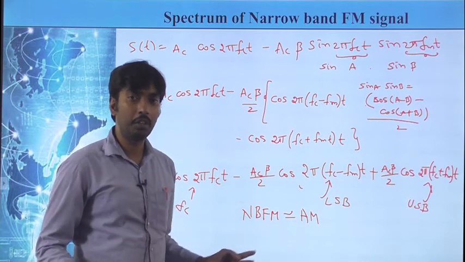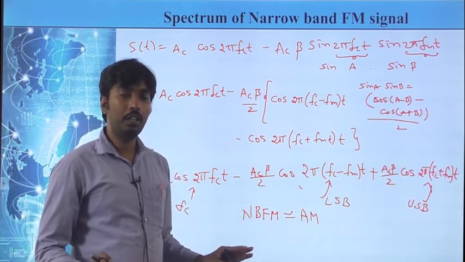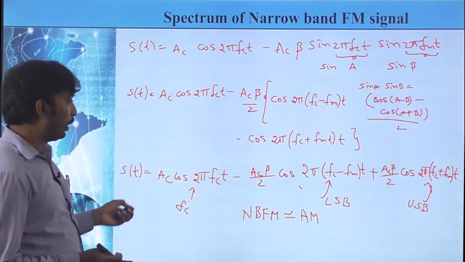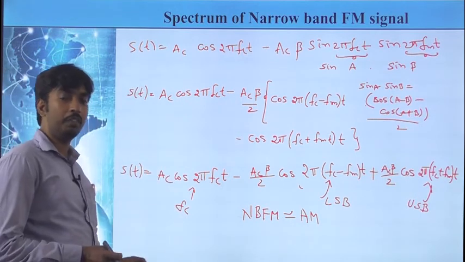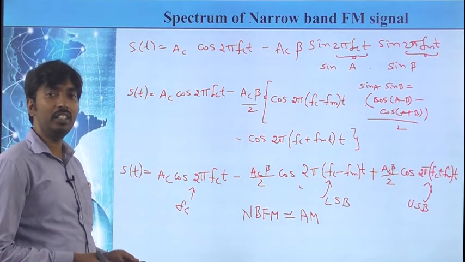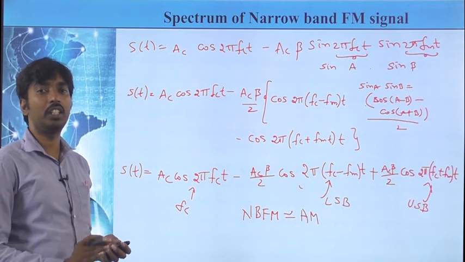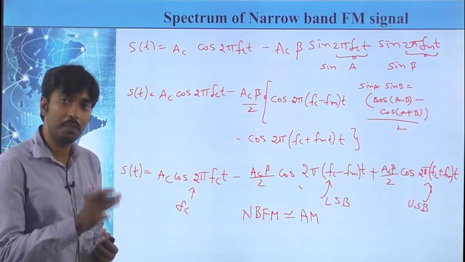Actually, it should not; in FM, amplitude should not vary. The first one is amplitude fluctuations we can observe in narrowband FM. The second one is harmonic distortion. Third order, fifth order, higher order harmonic distortions come into the picture.